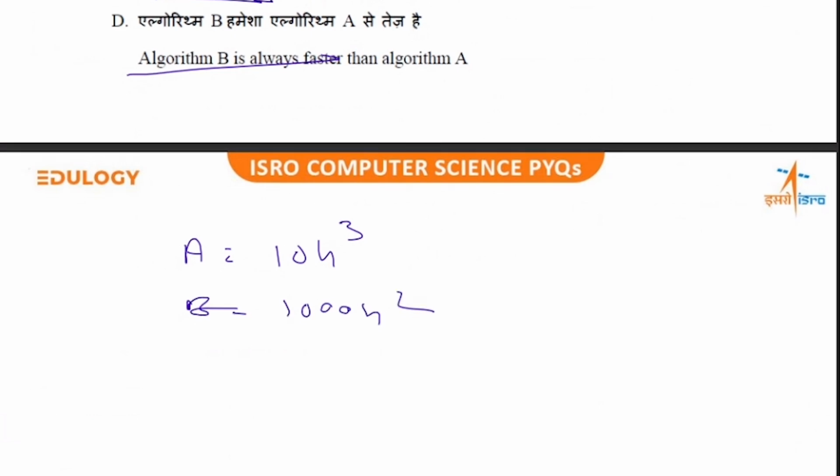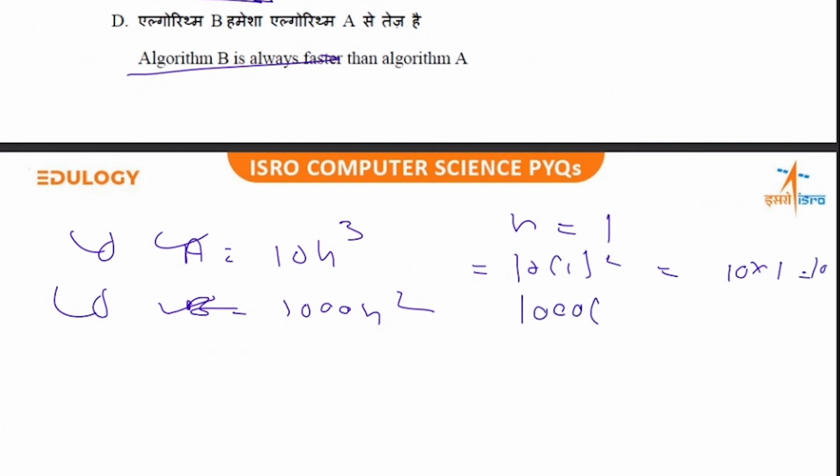For some of the smallest values, maybe B is greater than A. Take n equal to 1 and put it in A and B. A is 10 times 1 cubed, which equals 10. B is 1000 times 1 squared, which equals 1000. What can we say? A is less than B.